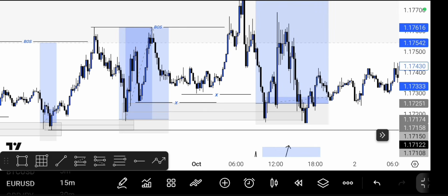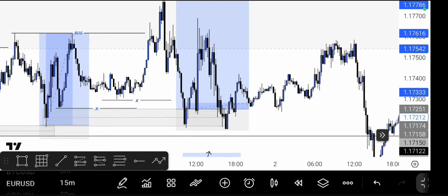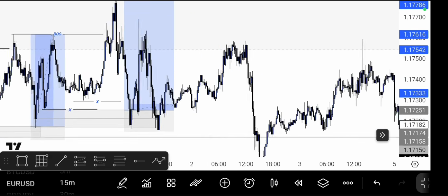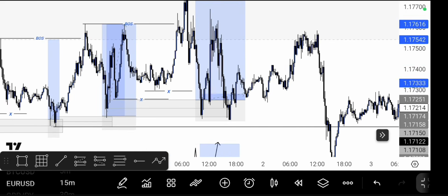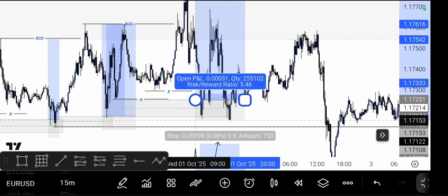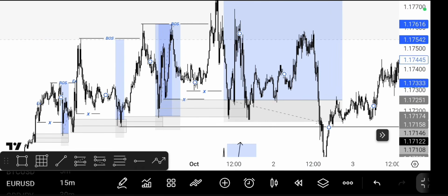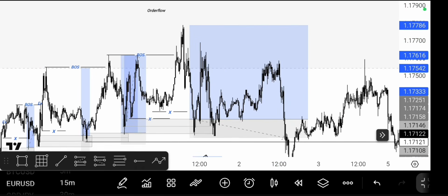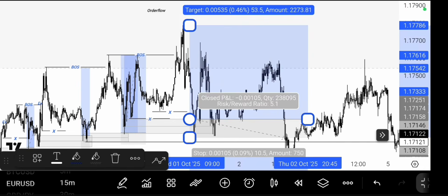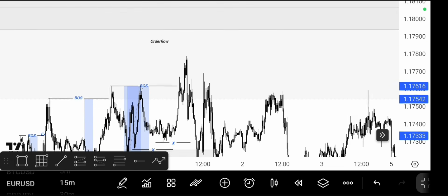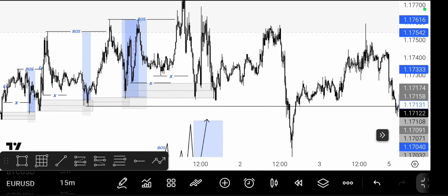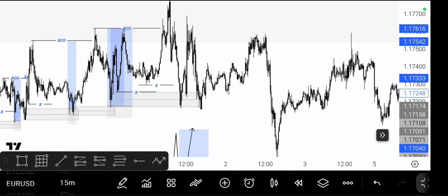Of course, we expected something like this. You can see we had this, and the market rallied till we hit our SL. Do you understand? So we expected something like this, so we are not surprised. The market did not get to our order block but our order flow, so we are going to delete this.